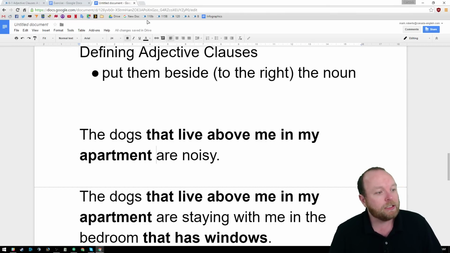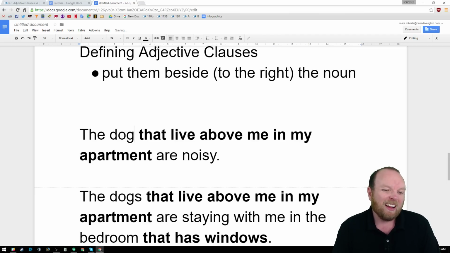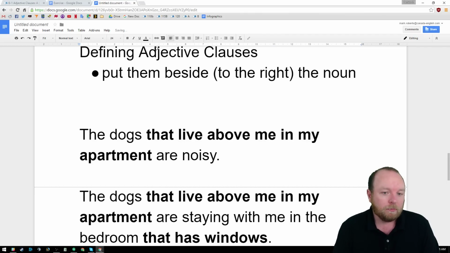Is there a difference? Okay, so Tiago has a question. I'm sorry, Tiago, I missed it. Is there a difference between a singular subject and plural subject when we use relative pronouns? So he means this, or Tiago, I think, is a man. The dog or the dogs. Is that a problem? No, it's not a problem.